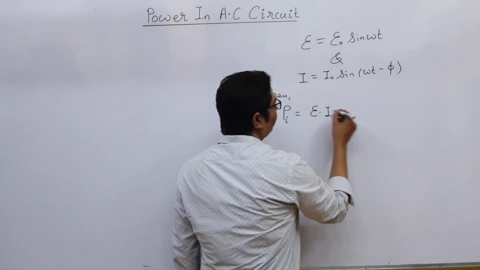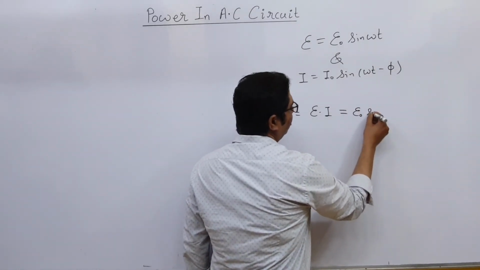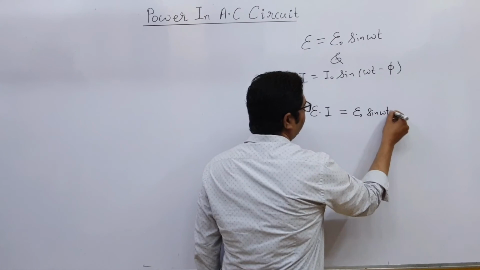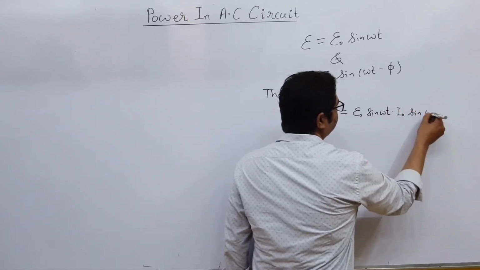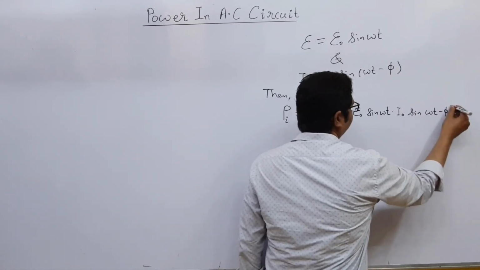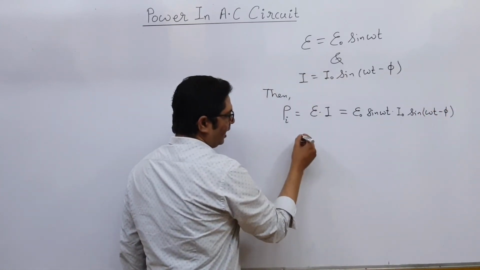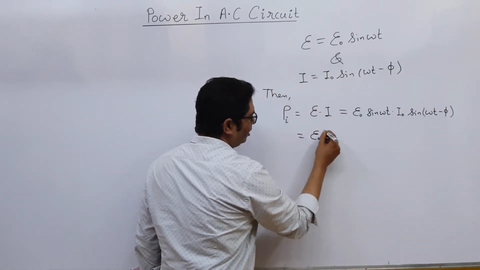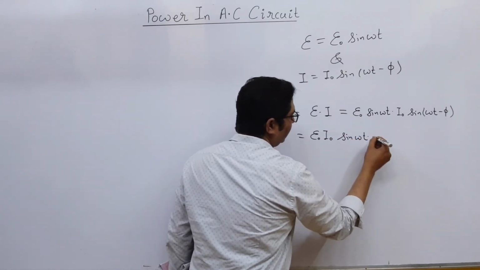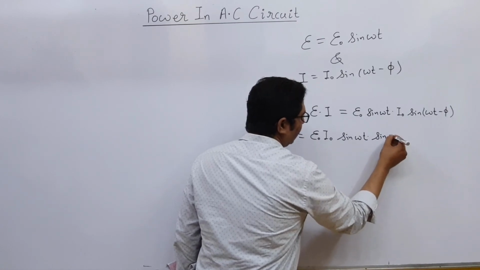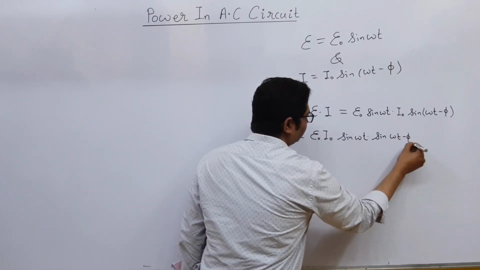So put the value of E, this is E naught sin omega t, and put the value of I, this is I naught sin(omega t minus phi). Rewrite it like this: E naught I naught sin omega t sin(omega t minus phi).